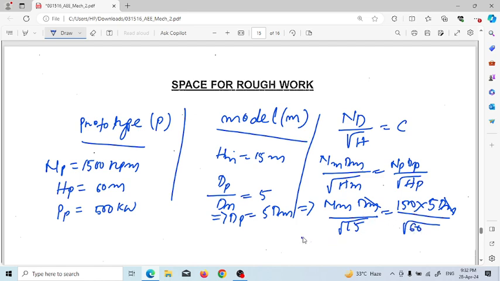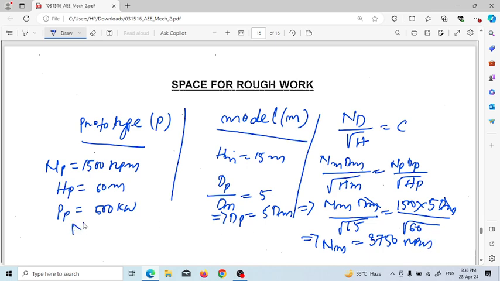So we calculated model rpm: model speed is equal to root 15 divided by root 60, 1 by 2 is 750, 750 into 5 is equal to 3750 rpm.